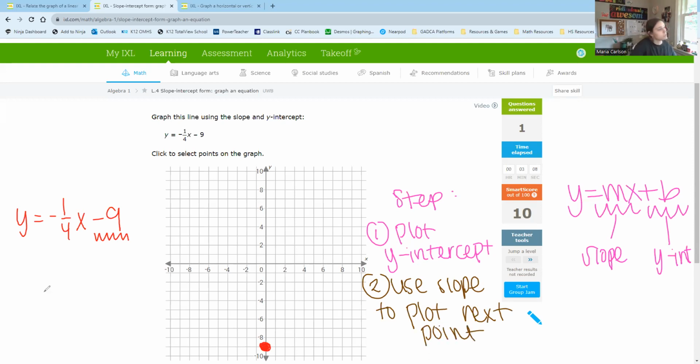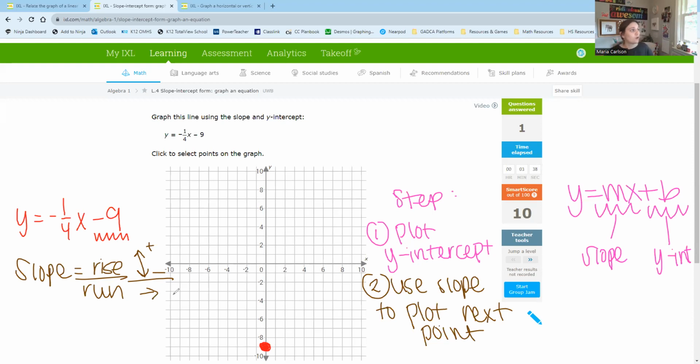And remember, our slope is equal to our rise over our run. Where rise is either how we move vertically up or down, positive or negative, and our run is how we move to the right.